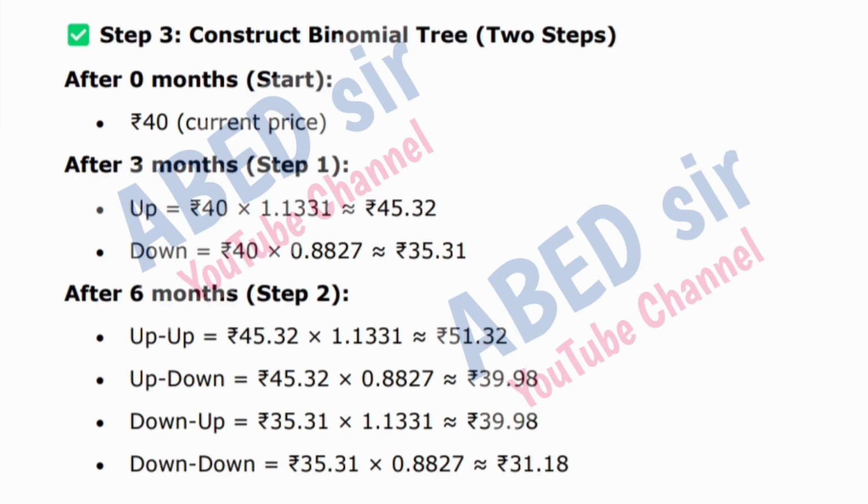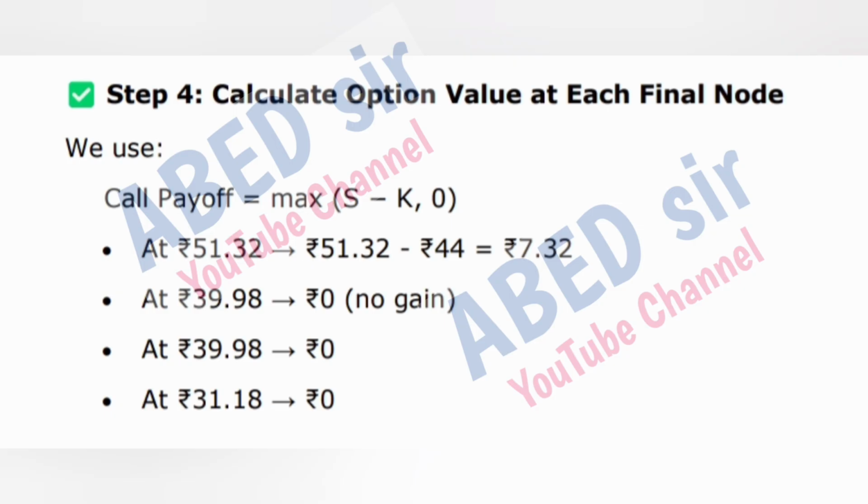Down-up is equal to 35.31 times 1.1331, which is 39 rupees and 98 paise. Down-down is equal to 35.31 times 0.8827, which is 31 rupees and 18 paise. Step 4. Calculate option value at each final node. We use call payoff equal to max of S minus K, 0.